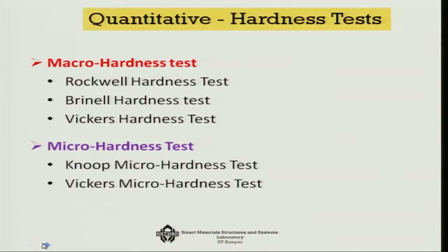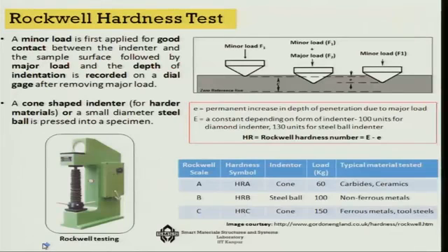In the macro hardness test there are many, but we have chosen the Rockwell hardness test, Brinell hardness test and Vickers hardness test, and in the micro hardness test the Knoop micro hardness test and Vickers micro hardness test. So, in total these are the 5 experiments that one can carry out in order to find out quantitatively the value of hardness. The first one is the Rockwell hardness test.